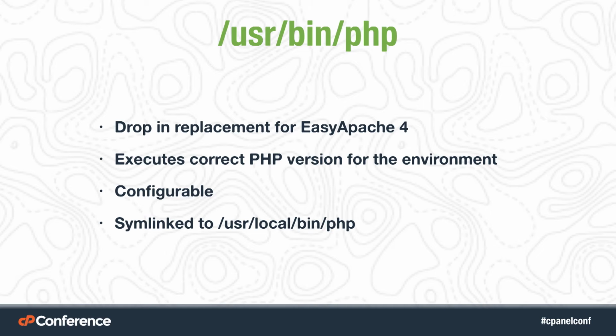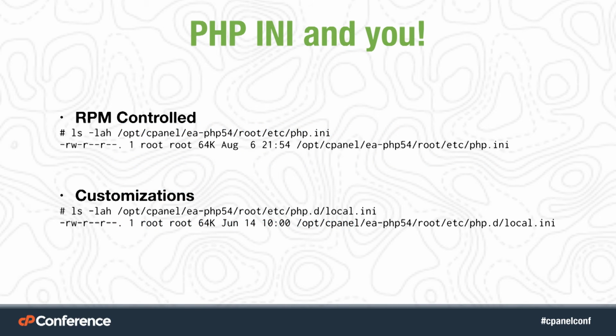To help with this, all PHP customizations should now be made through local.ini files, which are located in the php.d directory. These local customizations persist through upgrades, uninstalls, removals, reinstalls, etc. This ensures that your customizations and configurations persist through RPM changes.